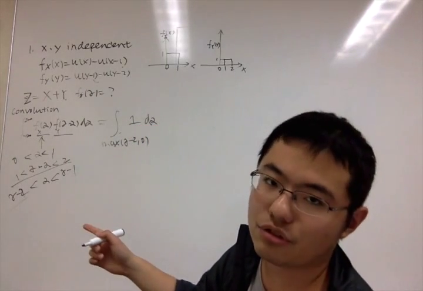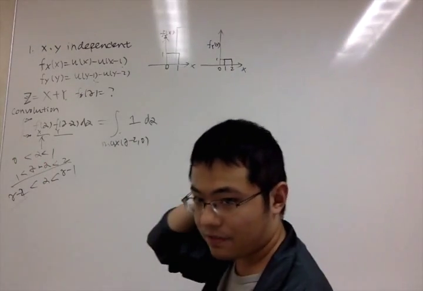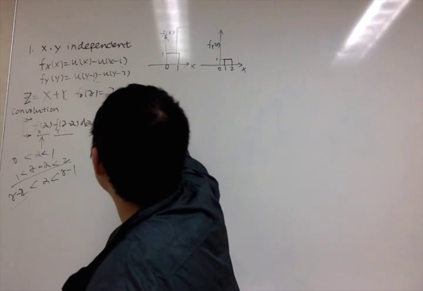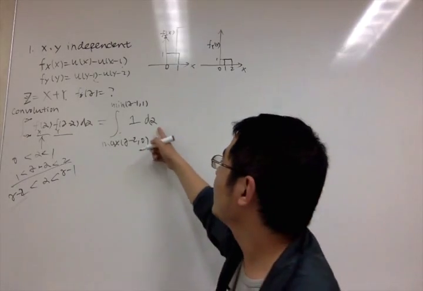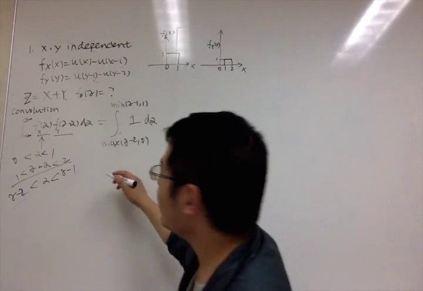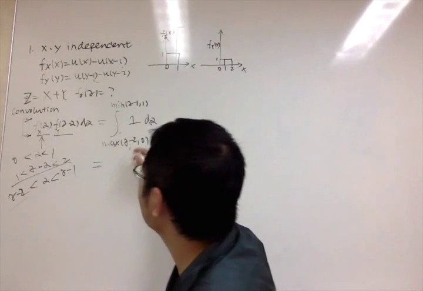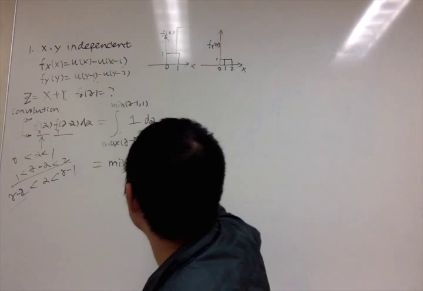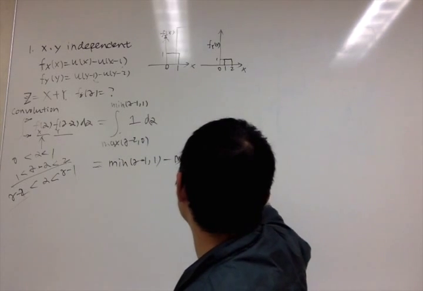And the upper limit should be the minimum of z minus 1 and 1. Okay, now we have the region. We're going to do the integration, and because the function to be integrated is very simple, the result is the minimum of z minus 1 and 1, minus the maximum of z minus 2 and 0.